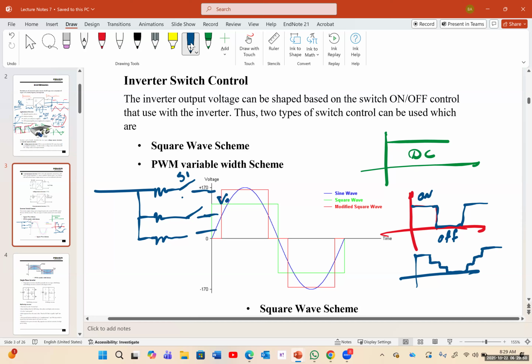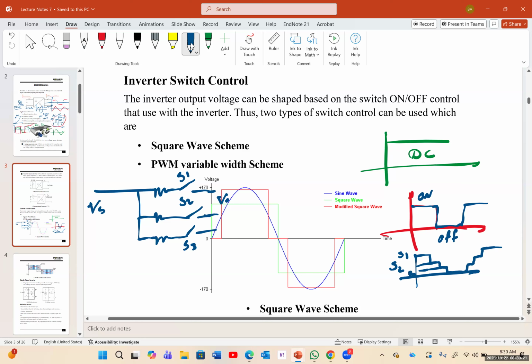I'm going to call them switch 1, switch 2, and switch 3, and this is the source. Depending on which switch, I can open switch number 1, close switch number 2, and I can have this voltage here. So this is, for example, S2, S3, S1. So I can have a step down, so I can prevent the voltage from going directly from the maximum to the minimum. I can smooth it down a little bit.